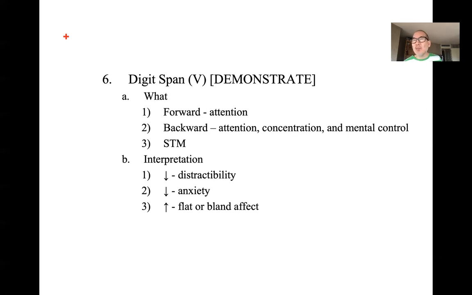It's the simplest task: you give them 5, 8, and they say 8, 5. But retaining that information, reversing it and saying it backwards is a measure of concentration, because now you're working with what you're remembering. So it's also overall a good measure of short-term memory.